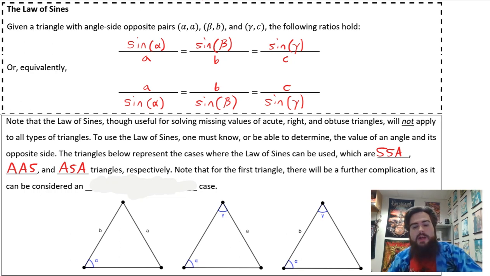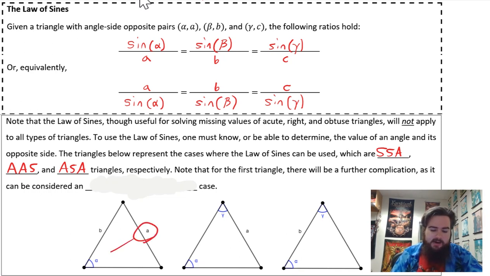In these situations, the law of sines can be used because we either have an angle measure and a side across, which allows us to set up a full ratio in the law of sines, or we're able to determine one. For example, in the SSA case, we have side length A here and the angle measure across.